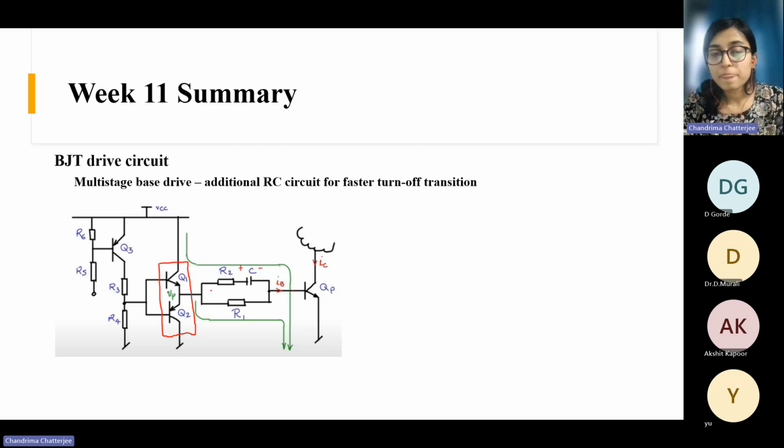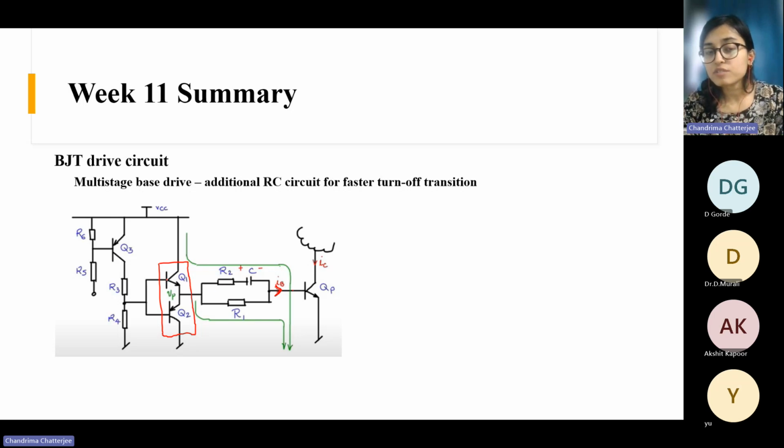If we want to inject the base current so that this BJT turns on, Q1 needs to be on, right? Unless Q1 is on, the current will not flow in this path. So when Q1 is on, we can provide the base current.